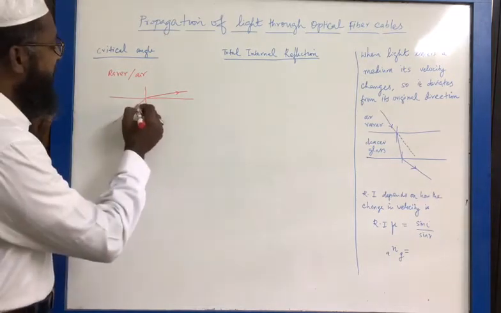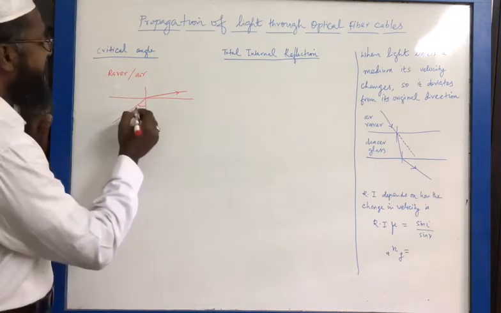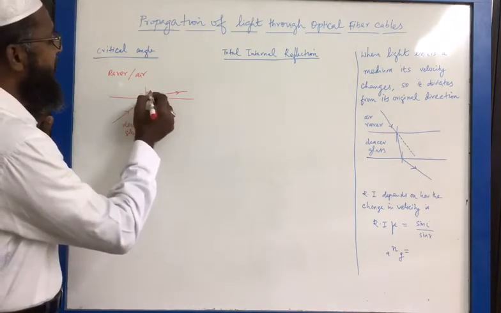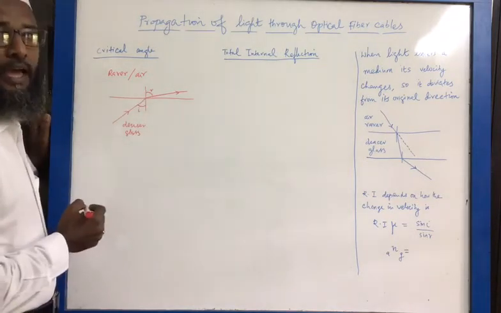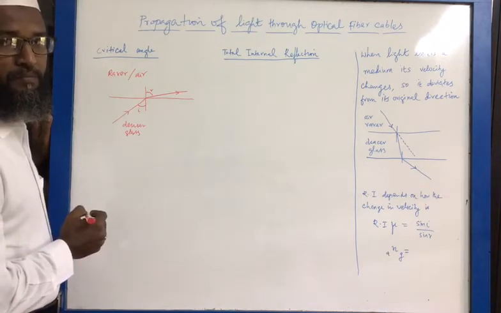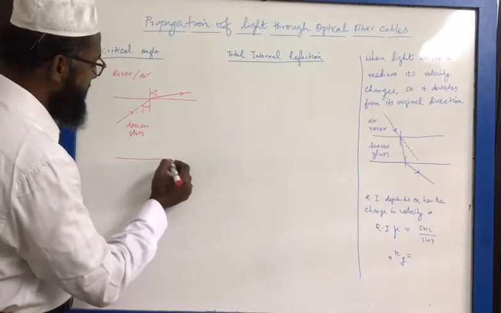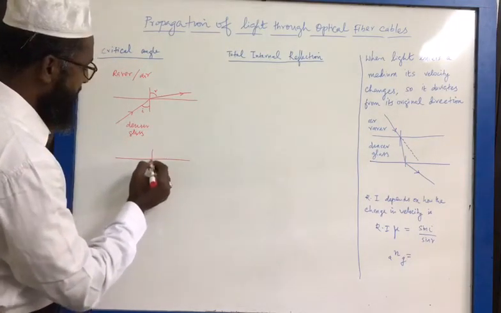Now this angle is taken as the angle of incidence in the denser medium, and this is the angle of refraction in the air, that is the rarer medium. What happens if the angle of incidence is slightly increased in the denser medium?